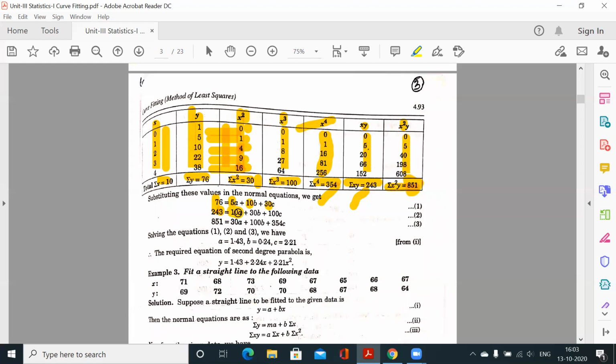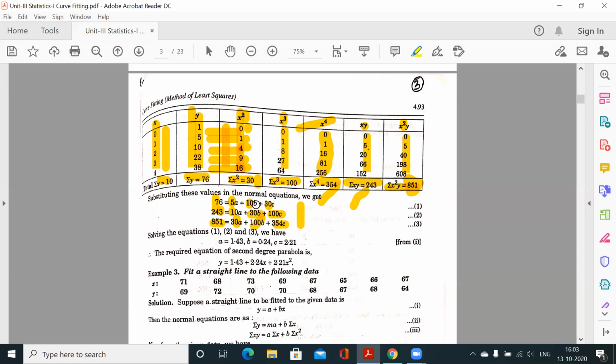Next, summation x, b summation x square, c summation x cube is 100. Similarly, x square y is 851. Summation x square, summation x cube b, and summation x to the power 4 c, x to the power 4 is 354. So now these are three linear equations in a, b and c.